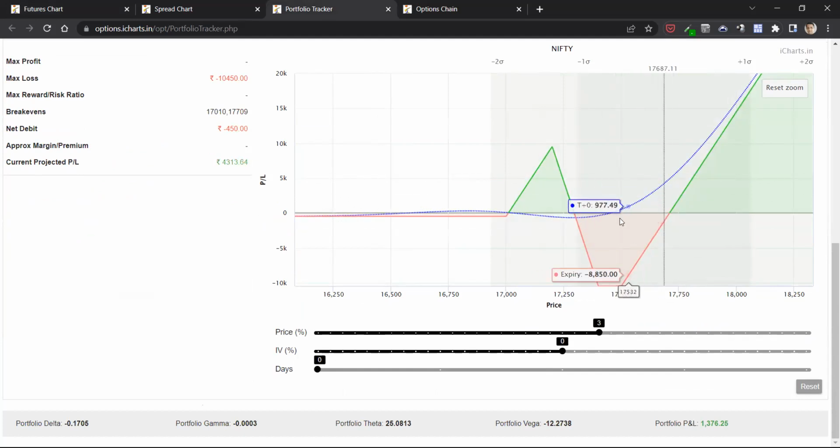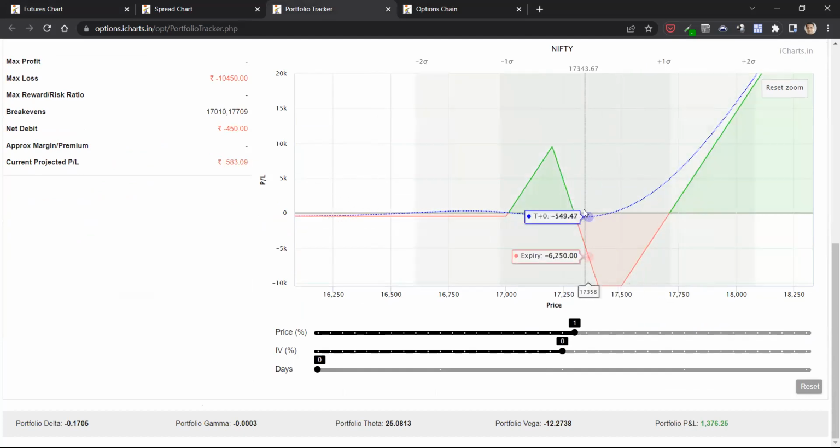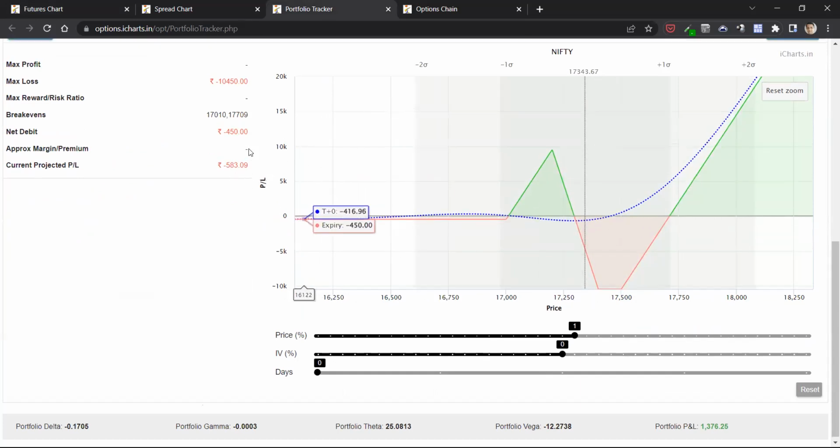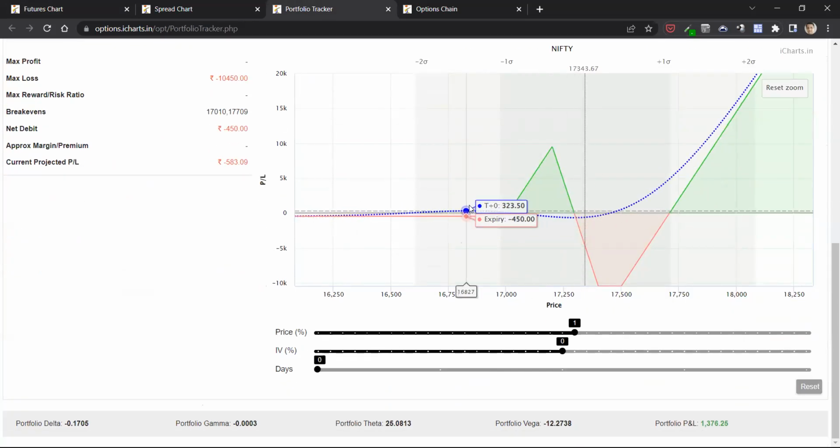If it's 1%, then he's only down by about 583 rupees if he's trading this many lots. So only that much. And if it goes down also, he's fine because the line is flat.